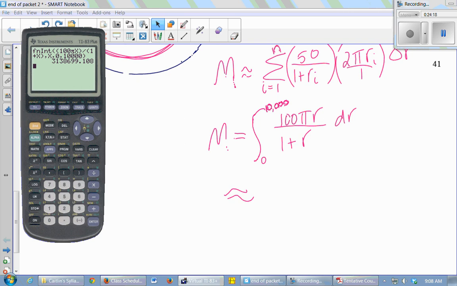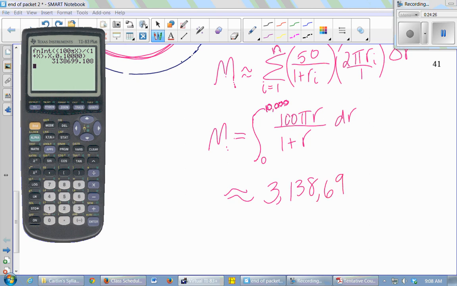Okay, there we go. 3,138,699, and we'll just round it to there. What are my units on this? Kilograms. Kilograms of oil in the oil spill.